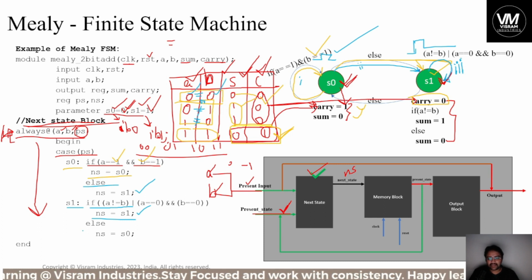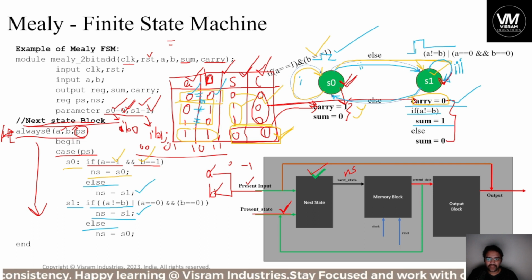Else, where should it go? It should go to the sum 0. Okay, so what are the conditions now? In these conditions, carry is equal to 0. Carry is 0, fixed. But if A not equal to B, sum is 1.